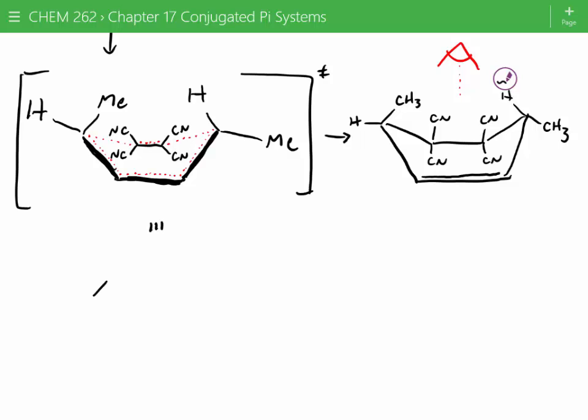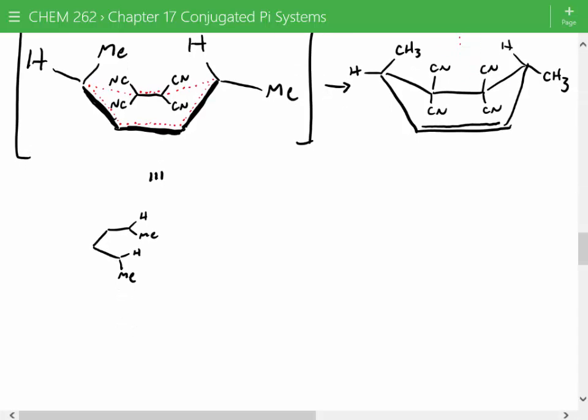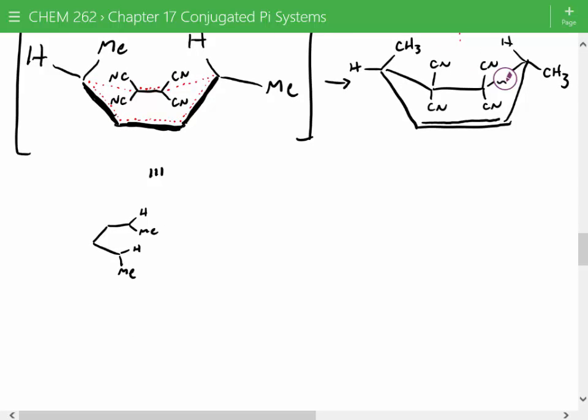In this example, we said that the top one is going to be, sorry. So that's our diene on the top, right? And then we've got our dienophile underneath. And then we'll connect all of the dots here too.